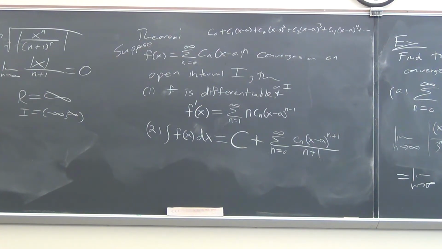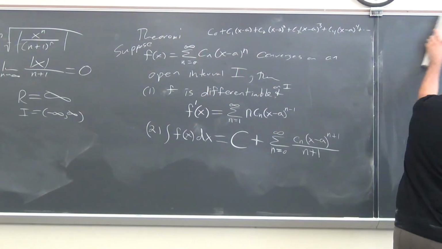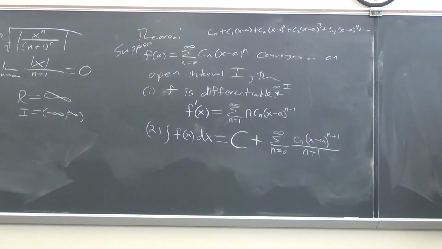And so we'll make a lot of use of this theorem in the next section as we start building a whole pile of functions that we can represent using series. But let's do one real straightforward example here.